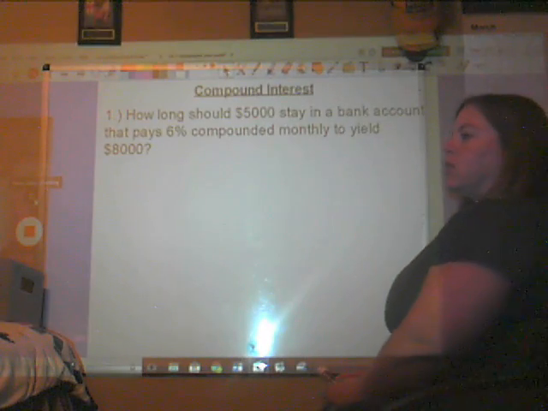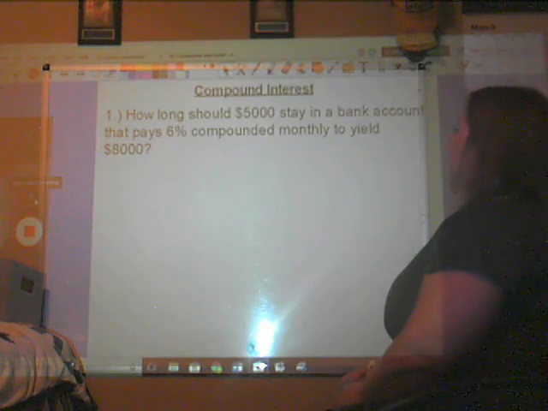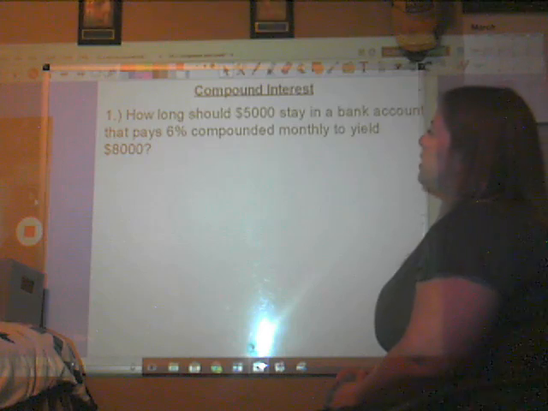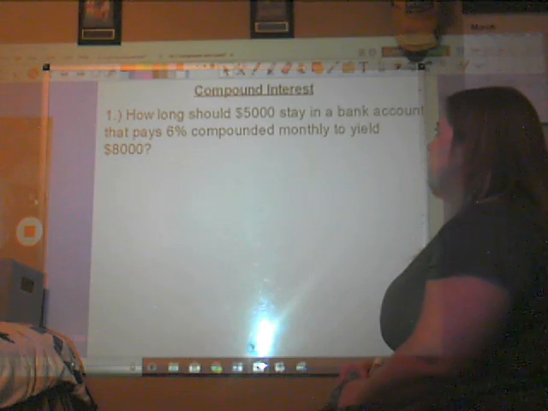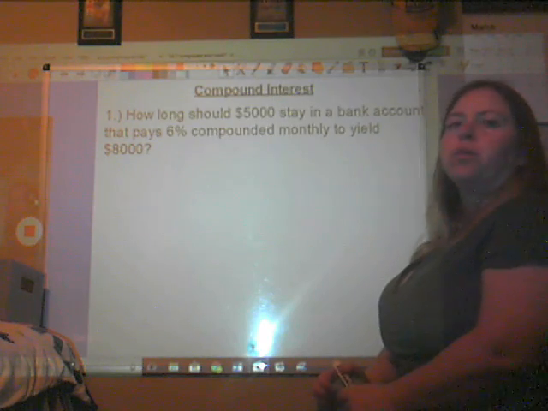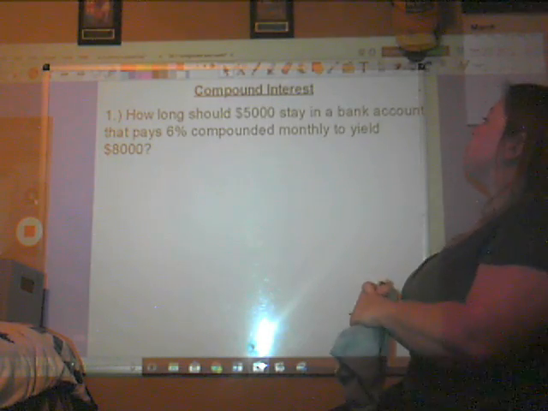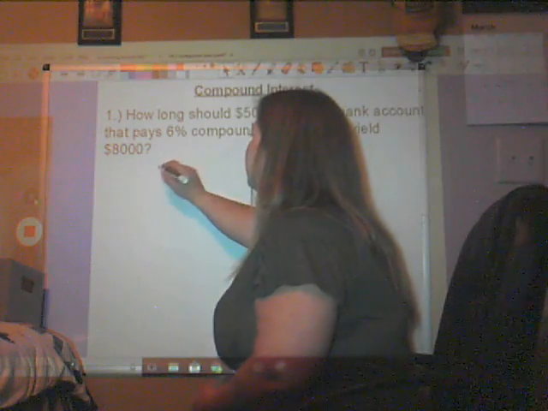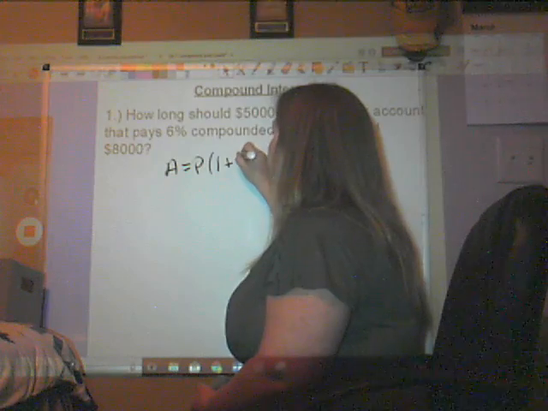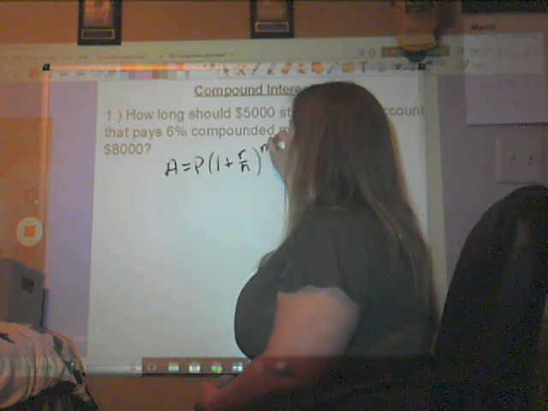Okay, so here's our first problem, and it says, how long should $5,000 stay in a bank account that pays 6% compounded monthly to yield $8,000? So we want to use the formula A equals P times 1 plus R over N to the NT.